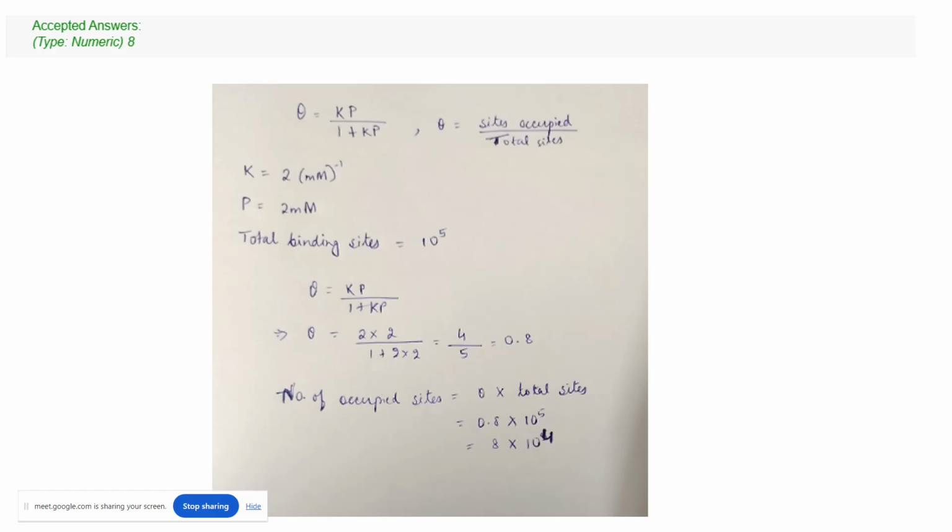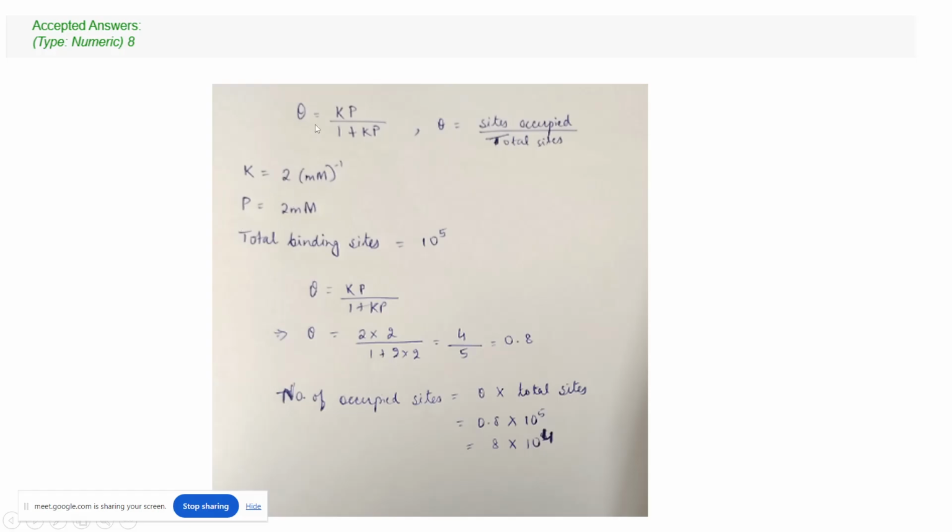So let's see the solution. So here theta equals Kp upon 1 plus Kp, and theta is the sites occupied to total sites. So K is given as 2 per millimolar and P equals 2 millimolar.